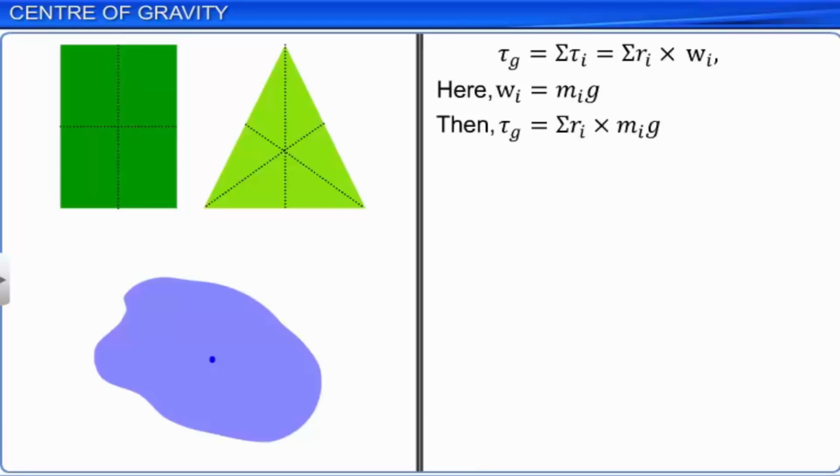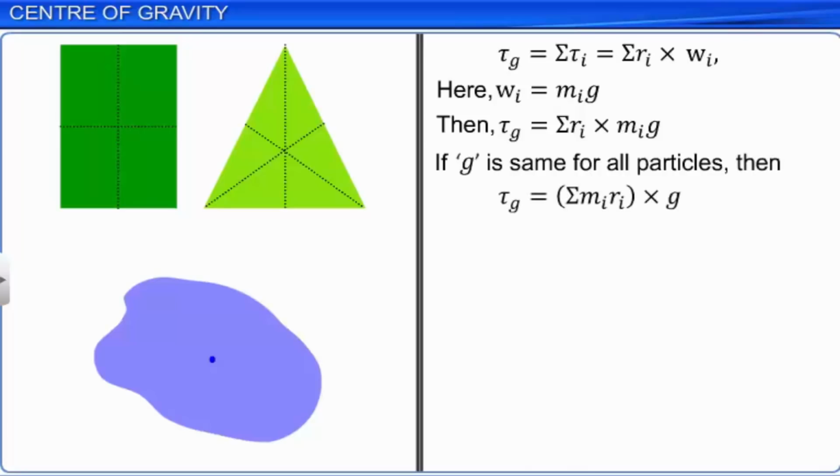Then, tau g is equal to sigma mi Ri cross g. That means, if tau g is equal to 0, then sigma mi Ri is also equal to 0. Tau g is equal to 0 only when the origin coincides with the center of gravity.